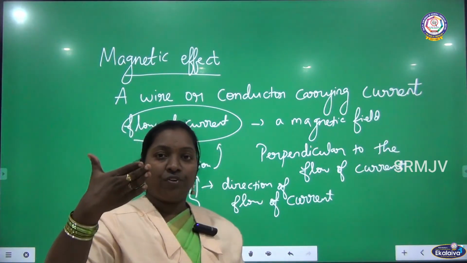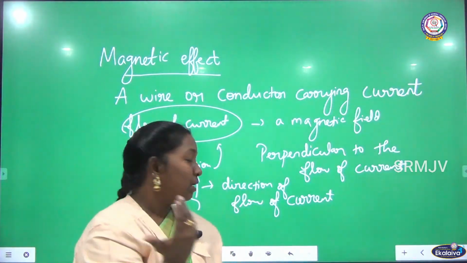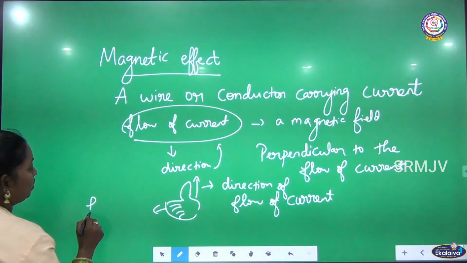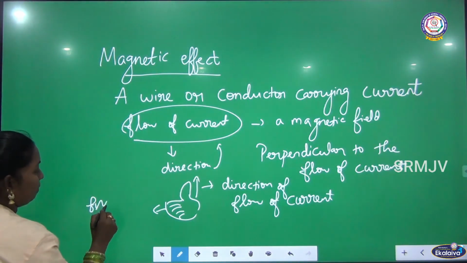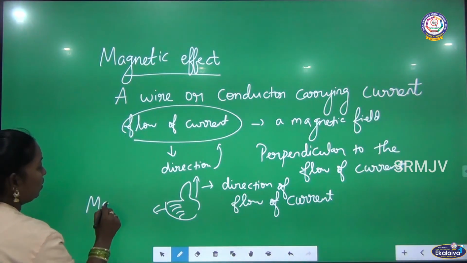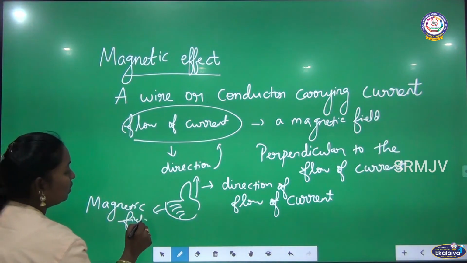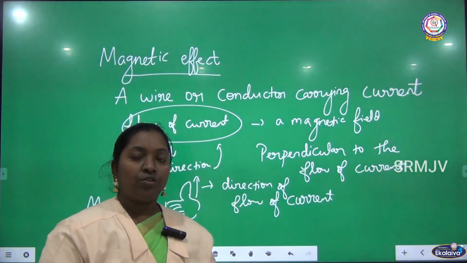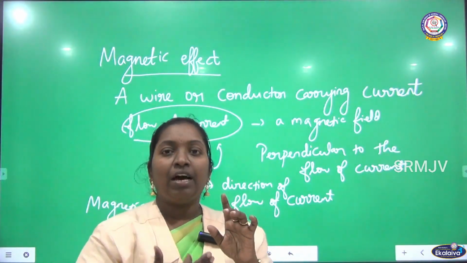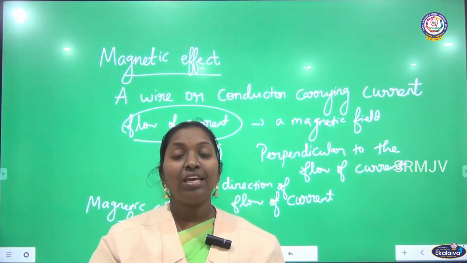And when you fold the other fingers perpendicular to this, it shows the magnetic field present over there. This shows the magnetic field produced perpendicular to the direction of flow of current. So depending on the direction of flow of current, a magnetic field will be produced perpendicular to it. This is how the magnetic effect takes place based on the current.